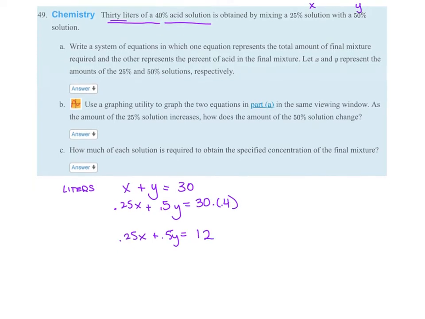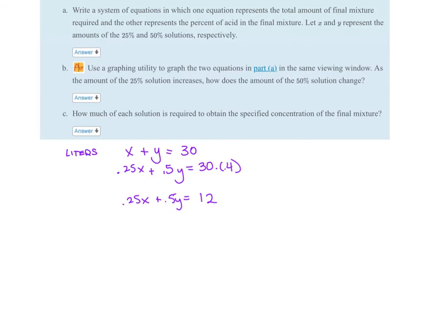And then we can work with this. You can either multiply by 100 in order to change it, or you can work with the decimals as it is, so it's up to you. So this is our new equation 2, and then I'm going to use my equation 1, so x plus y equals 30. Let's multiply by negative 0.5, so I'll cancel out my y's first.